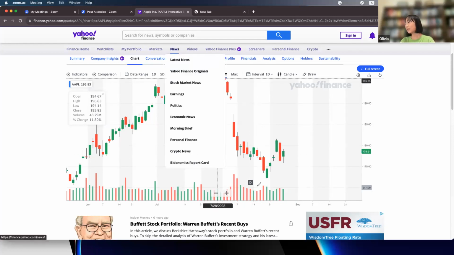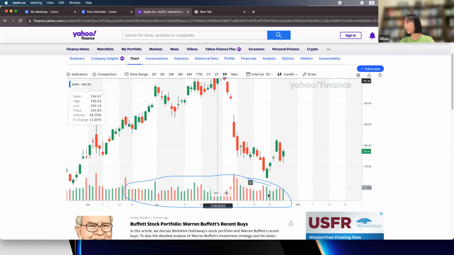So actually, you know these bars here? These show the volume of trading. So let's say for August 22nd, the green bar here shows how many people bought or sold shares of that stock.